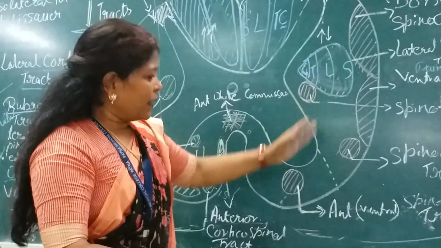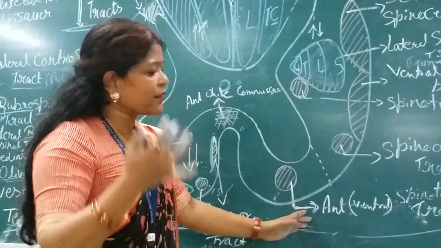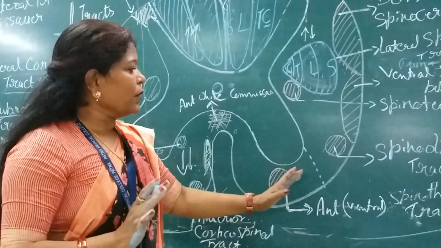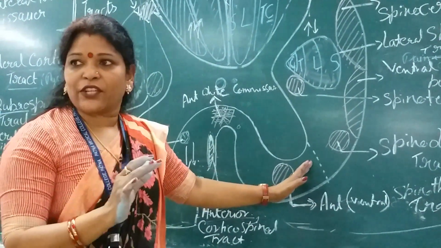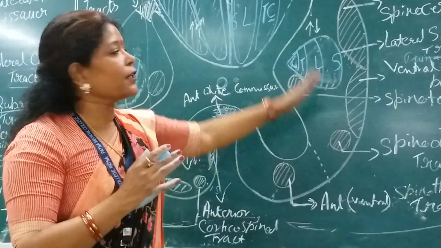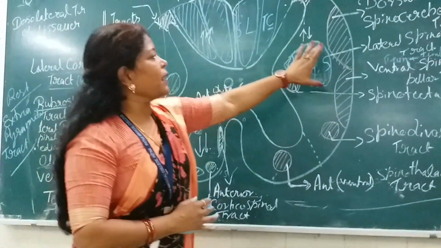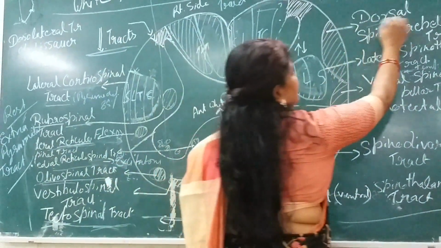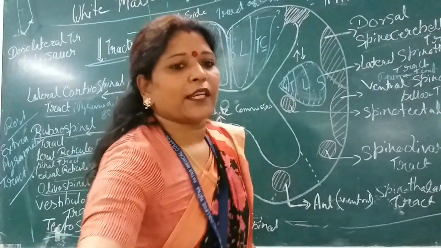In the ascending tracts, the sensation should be carried up to the higher center, so that there is alertness and consciousness of the sensation. But if the sensation is not reaching the thalamus, the higher center, it is relayed in the cerebellum. The names are the dorsal spinocerebellar tract, the ventral spinocerebellar tract.